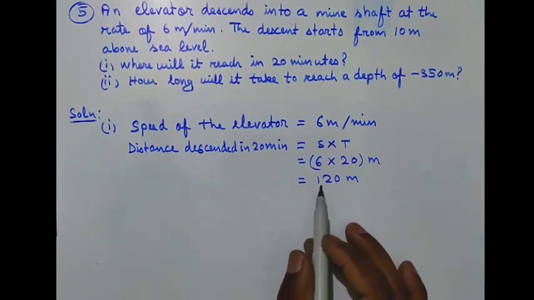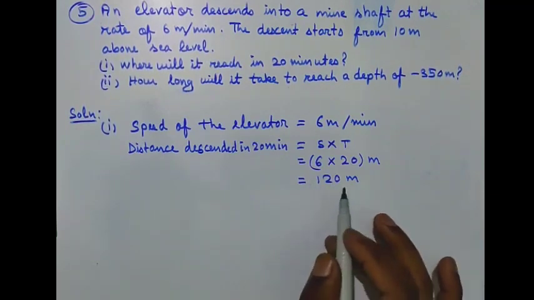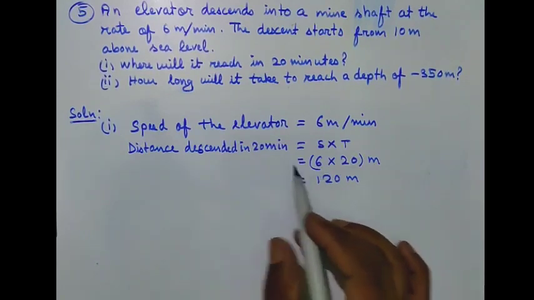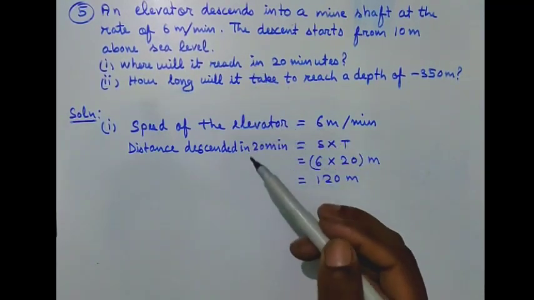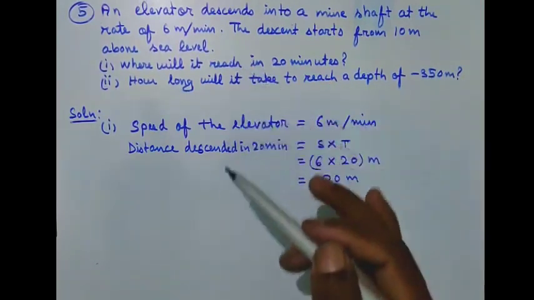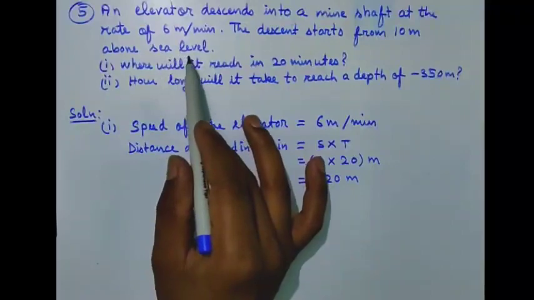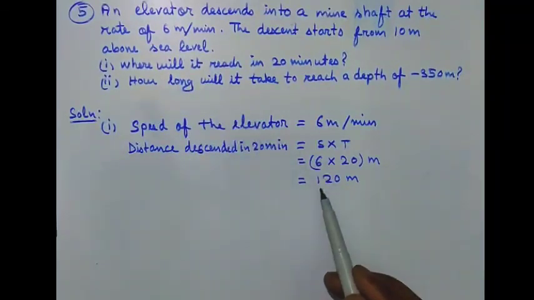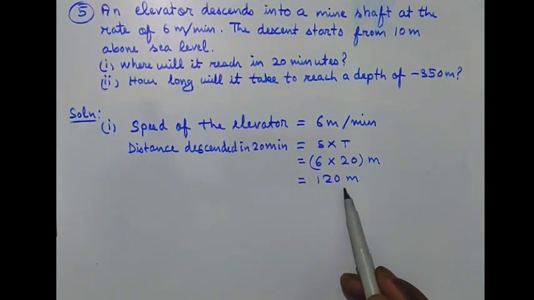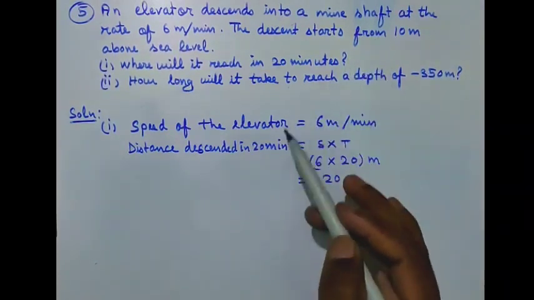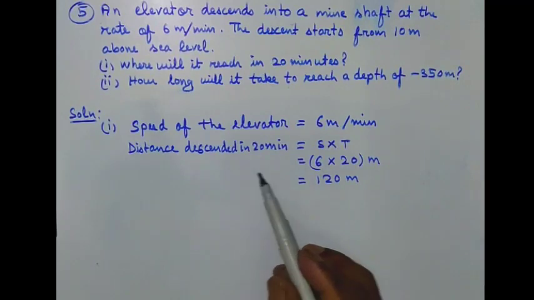So in terms of the sea level, you have to say the measurement. The present position of the elevator is 10 meters above the sea level, right? The descent starts from 10 meter above the sea level. So in terms of sea level, where will this 120 meter be? Simply we'll subtract the 10 meter that was above the sea level.